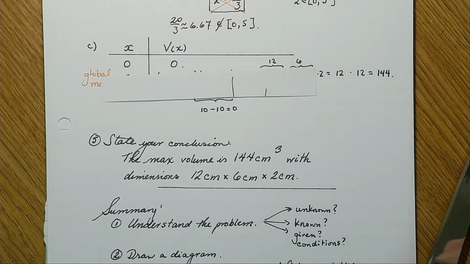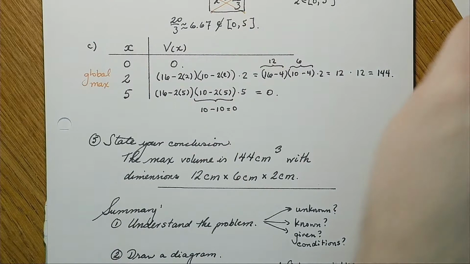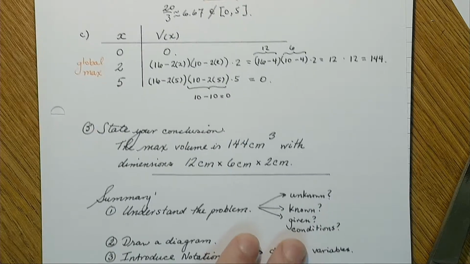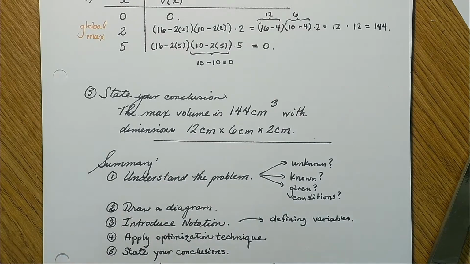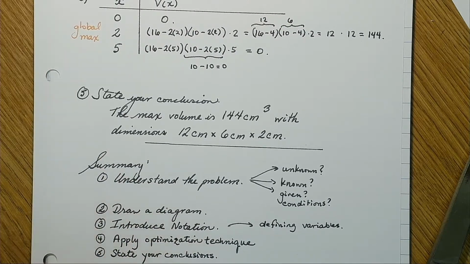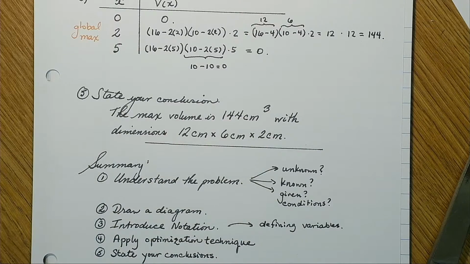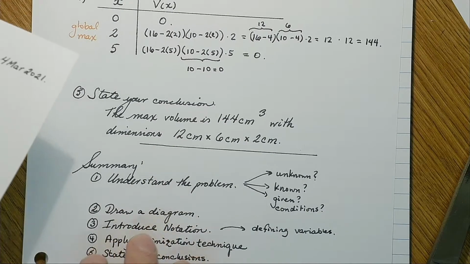So little checks like that can help. Again, does it make sense? I wish people asked that question more often. If the X was bigger than the length or the side of the cardboard box, that would also be a problem.